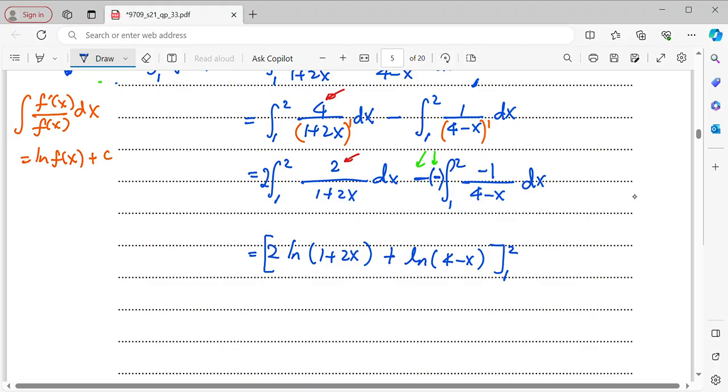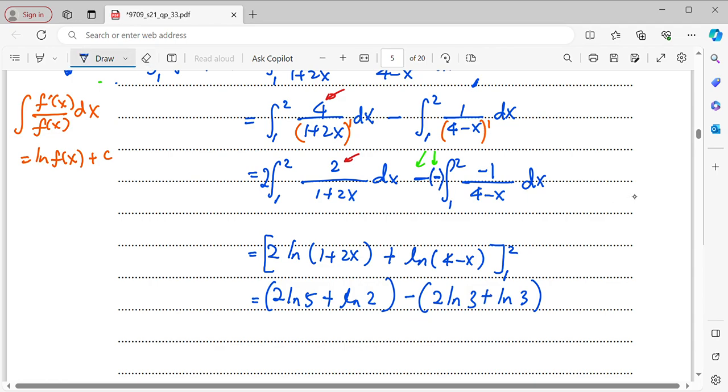Then now from here, just replace the x by 2 first, and you will be getting 2 ln 5, because 1 plus 2 bracket 2 is 5. Then plus ln 4 minus 2 is 2, and then you minus when the x is 1. So I will get 2 ln 3 plus ln 3. Okay, 4 minus 1 is 3.